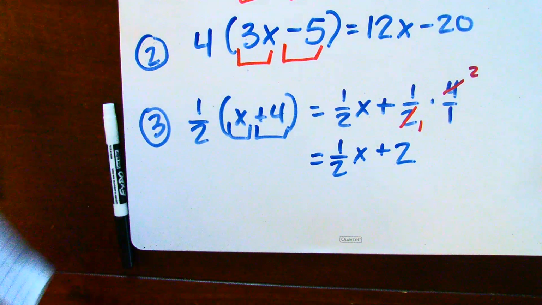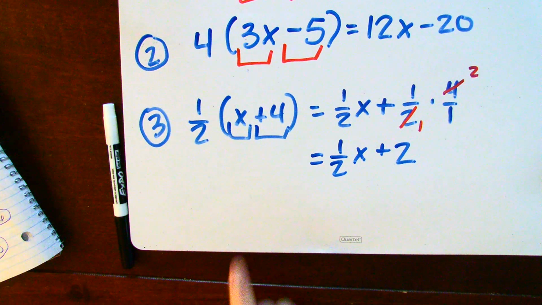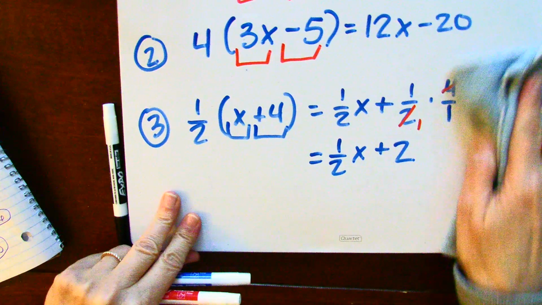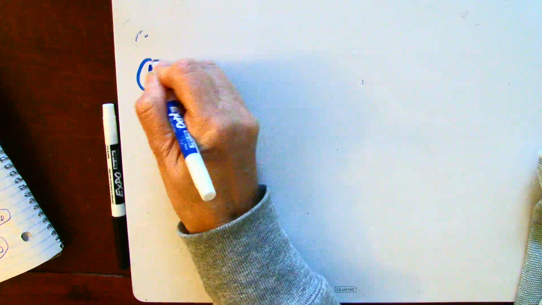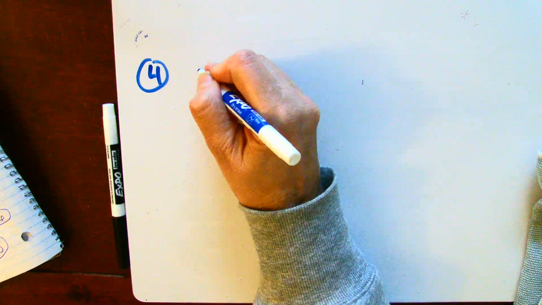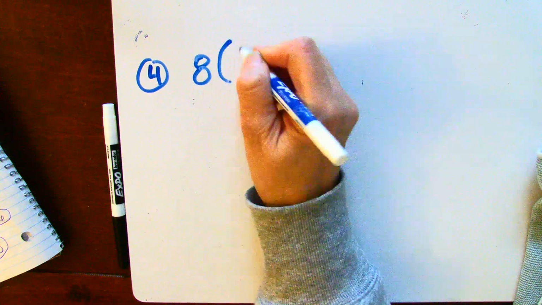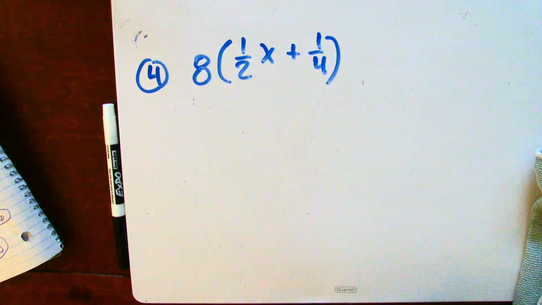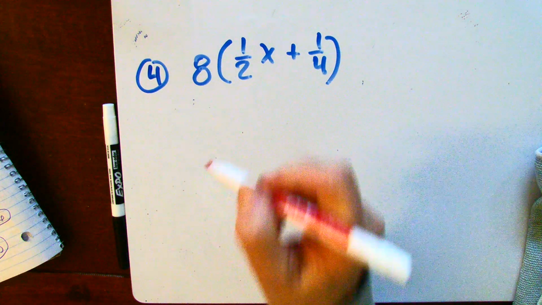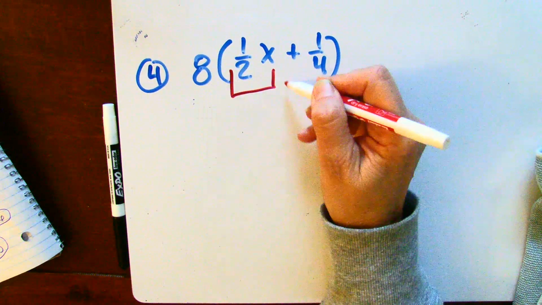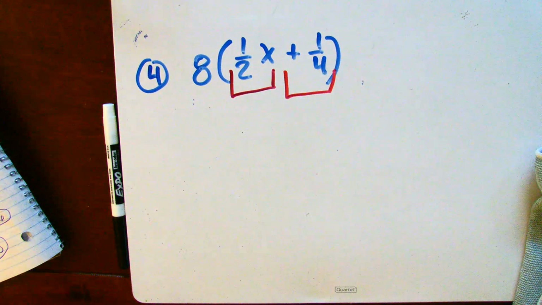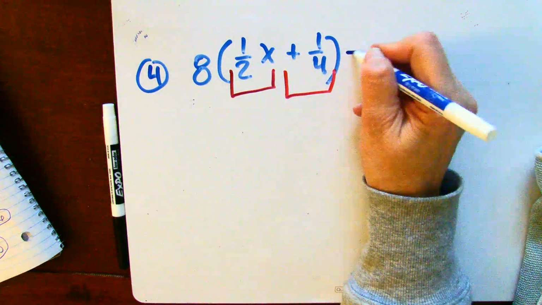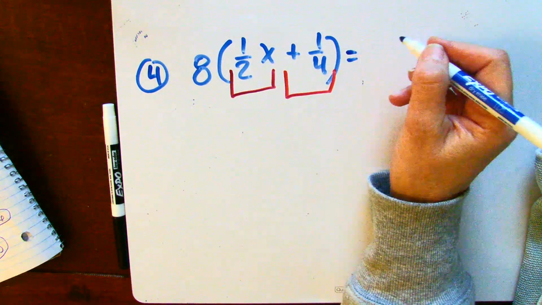Before we do a division example, let's have some fractions within our parentheses. Let's say we have 8 times the quantity of 1/2 x plus 1/4. So we're multiplying the 8 to the 1/2 x and the positive 1/4. When I rewrite this, I'm going to have 8 times 1/2 x.